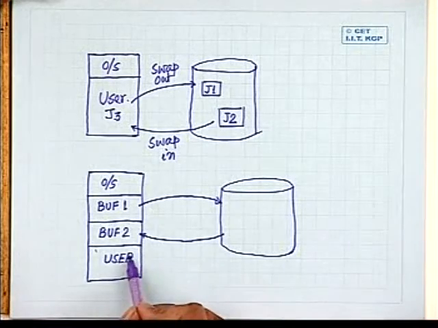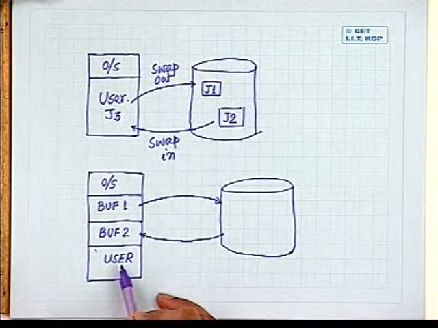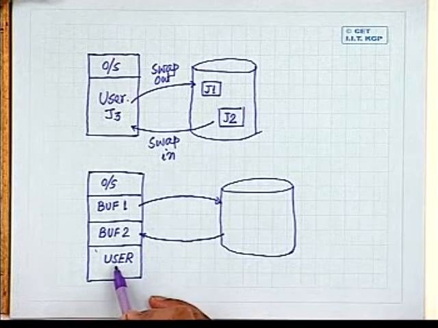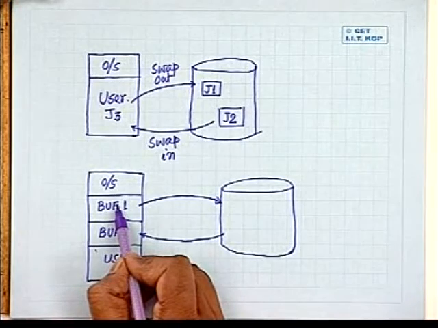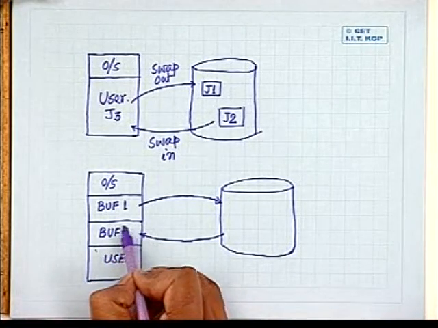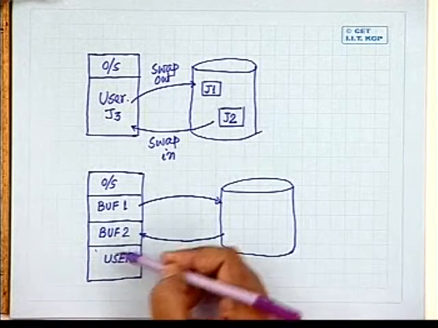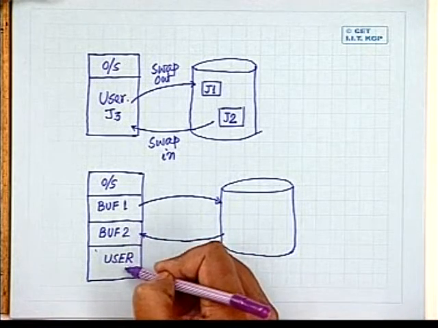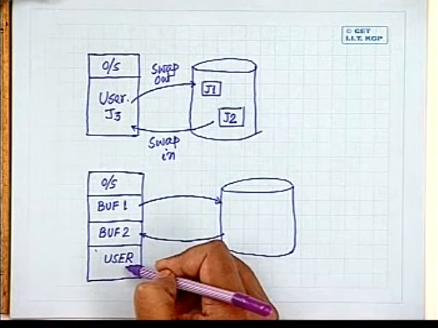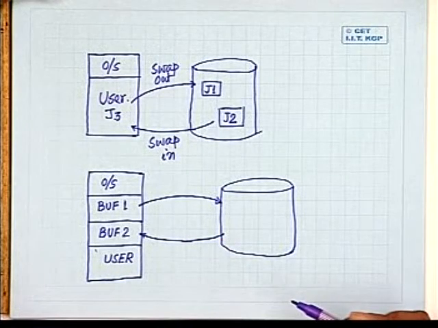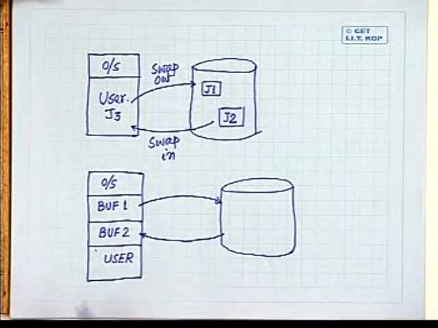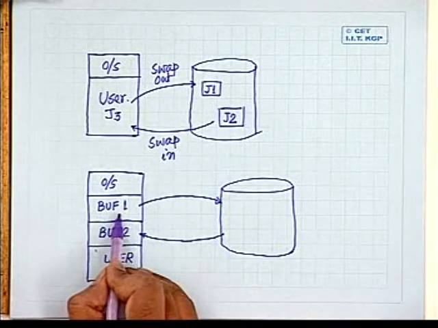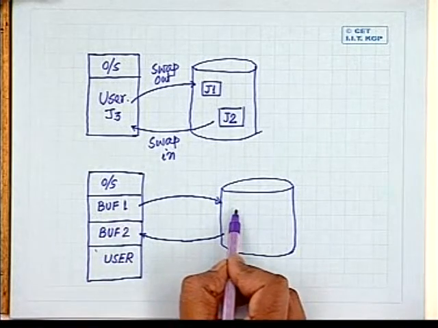So whenever a job completes execution, I have to move the job from the user area to buffer area 1. A job which is loaded into buffer area 2 has to be transferred from buffer area 2 to user area 1 when the job becomes active and is executed by the CPU. So now I have 2 situations. In buffer area 1, I get a job which is to be swapped out.